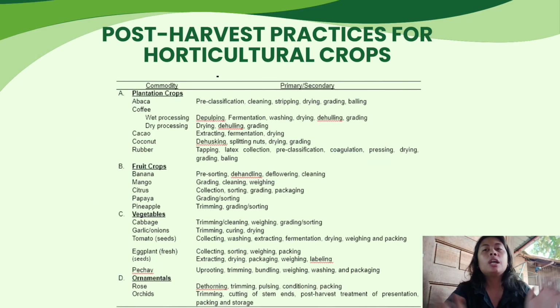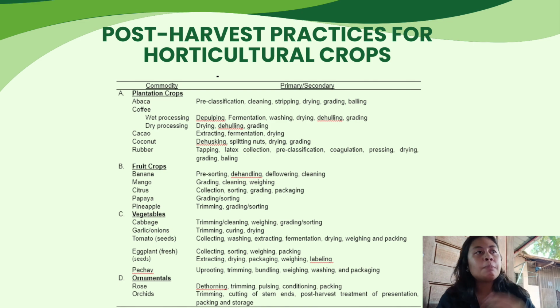industry. So in this slide, there is a list of post-harvest practices for horticultural crops. First is the plantation crops. This covers the specific plants and the specific things done during harvest processes. Next is the fruit crops.